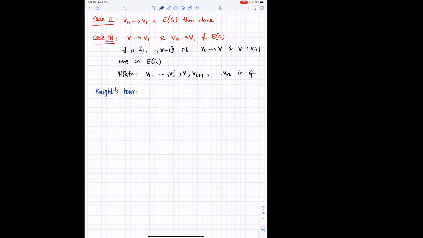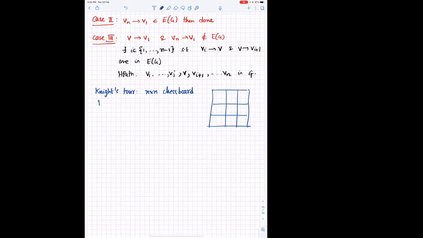You're given a chessboard, an n cross n chessboard. Let's say it's a 3 cross 3 chessboard. Please imagine these to be squares, approximately squares. So you're given an n cross n chessboard, and you want to ask whether there can be a knight that visits every square on this chessboard legally, and then comes back to the place where it started. That is what is called a knight's tour.